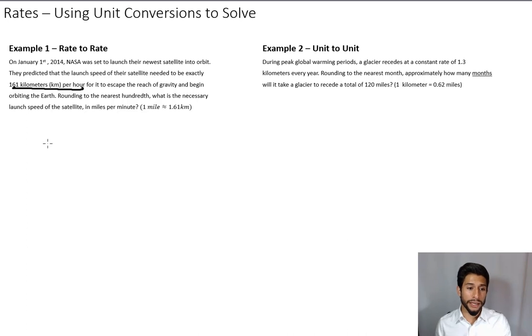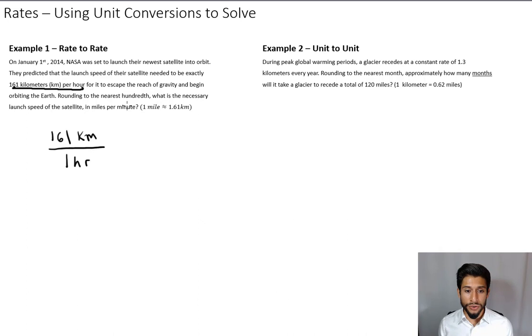By unit, I mean like kilometers, hours, meters, whatever, right? If it compares two of them, that's your rate. And the way you write this would be 161 kilometers. The word per in this case would mean like division. So kilometers per 1 hour.